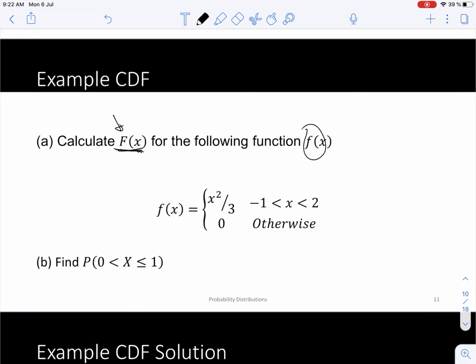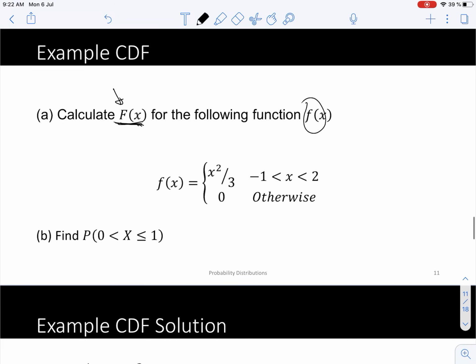Alright, so if we want to find the CDF in this case, F(x) is equal to the integral. In general, it's from minus infinity up to x, but here please notice that the lower limit for the PDF is minus 1.